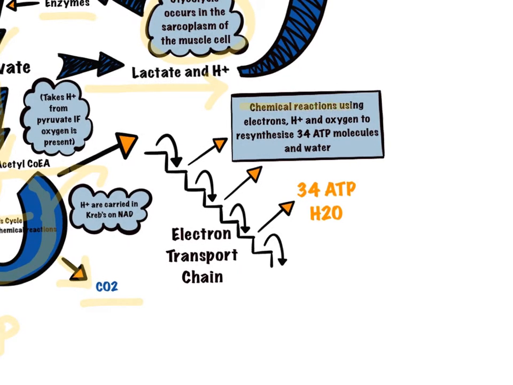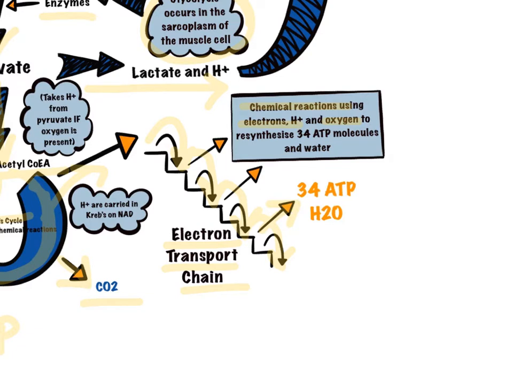We just need to know there are chemical reactions using these electrons, hydrogen ions and oxygen. And what happens is chemical changes occur, so process after process after process, and at each stage of the electron transport chain, we are resynthesizing an ATP molecule.